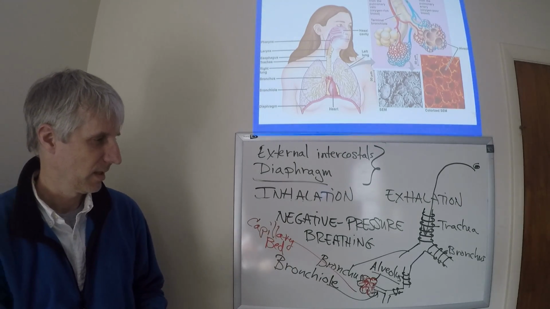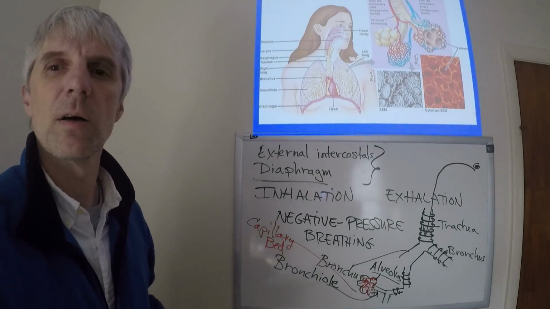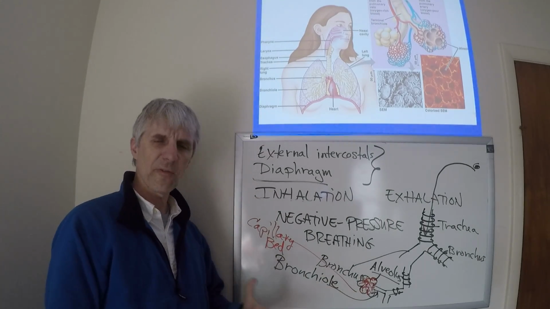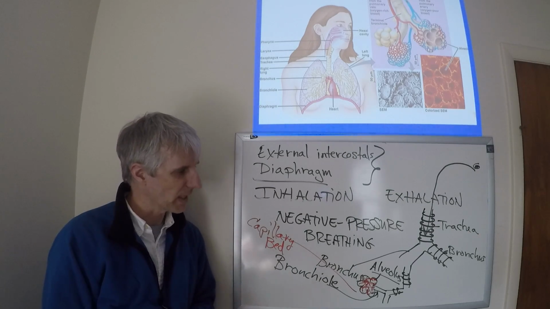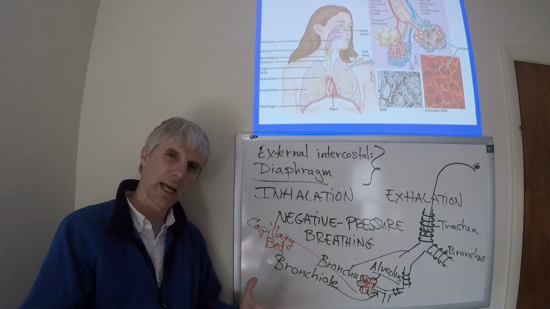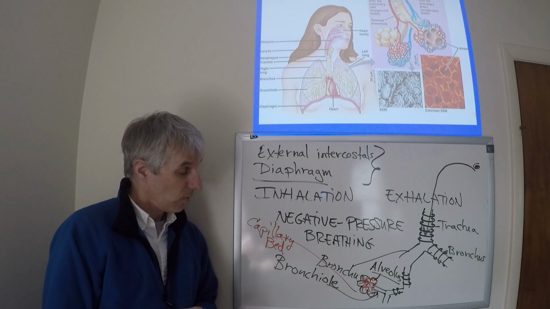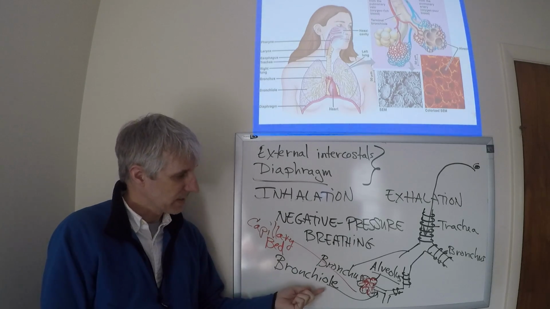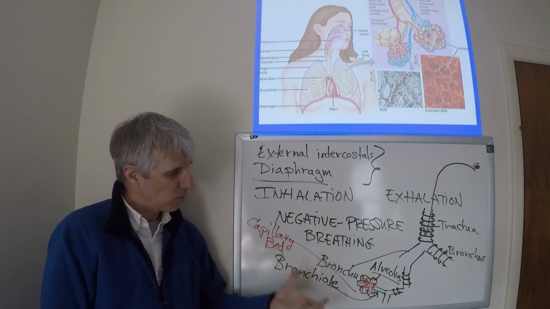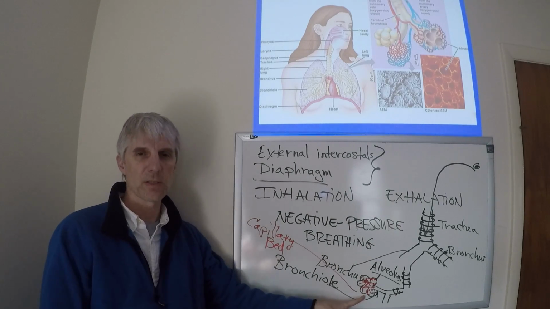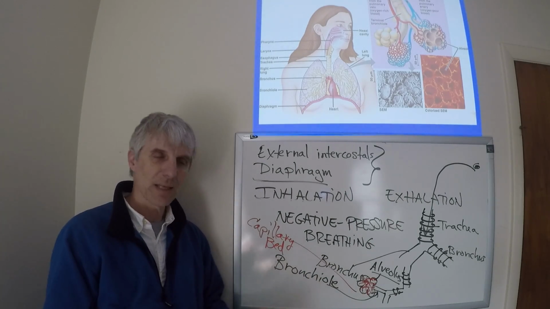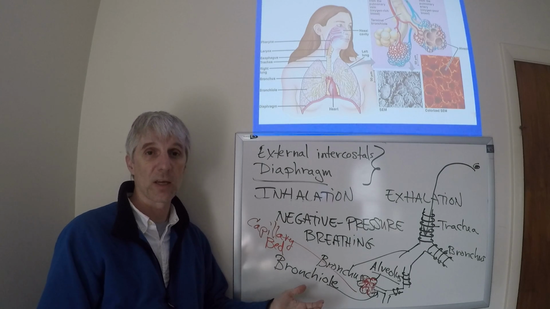Okay? Now, you should think to yourself, well, why couldn't I just reinforce these alveoli in much the same way that I reinforce the trachea or the bronchus? Why can't I do that? Well, the reason is because in order for this alveolar membrane to function properly as a respiratory membrane, gases have to be able to diffuse back and forth.